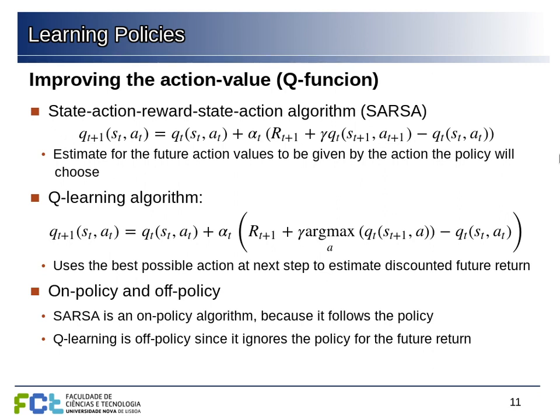Okay, so the SARSA algorithm, the state action reward state action algorithm, will estimate the future action values, always assuming the same policy. So basically here we are assuming that we are following the same policy, and we use this difference to update the state action value functions. An alternative, the Q-learning algorithm, does the same thing.